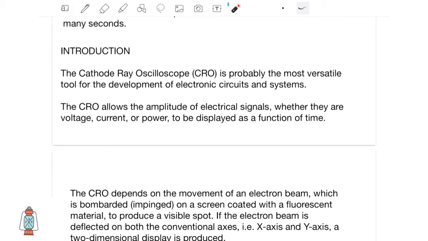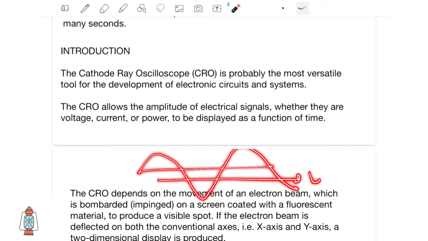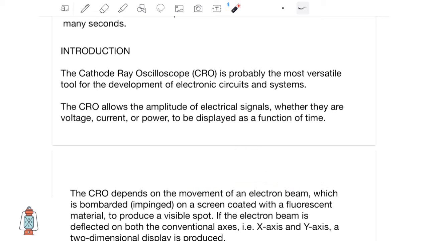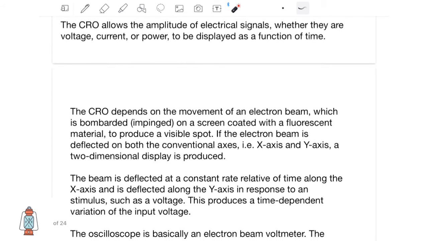Cathode ray oscilloscope allows the amplitude of electric signals to be displayed as a function of time, है ना? टाइम के हिसाब से हर एक इंस्टेंट पे क्या वैल्यू है, you can display it, and it depends on the movement of electrons.